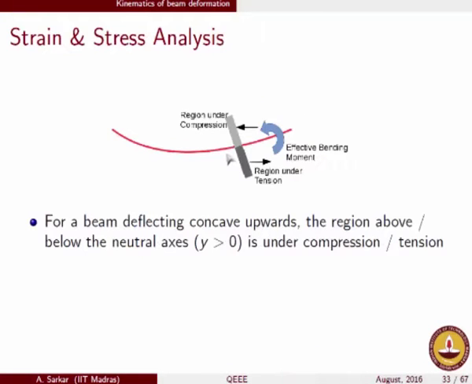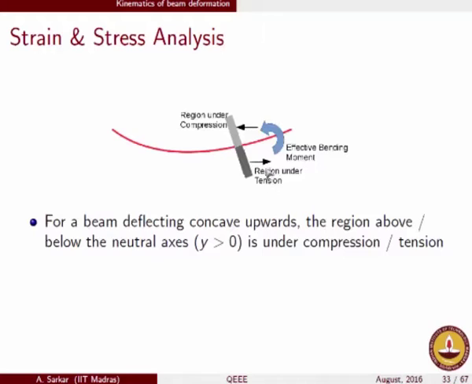So this is what is shown here. The top region will go for compression, and the bottom region will go for extension. If the top region is getting compressed, that effectively means the forces are acting in the manner shown through this arrow. If the bottom region is getting extended, then it is under the action of tensile forces as shown by the arrow indicated.